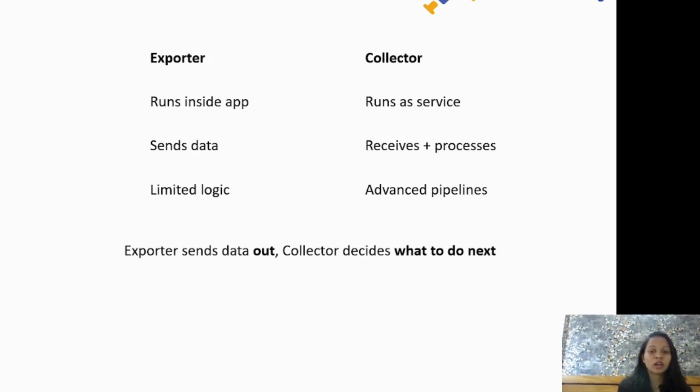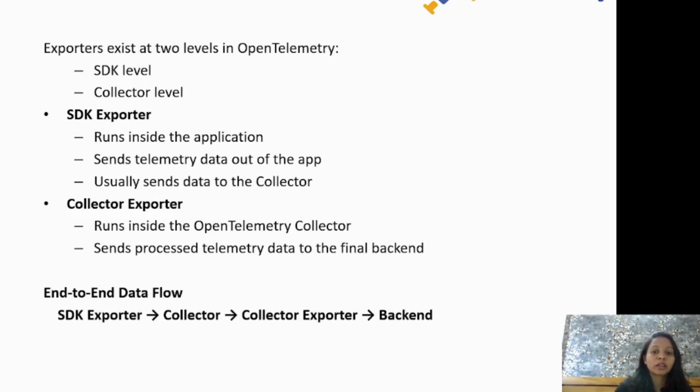Okay. Now, moving to the next part: how an exporter works inside the collector. Exporters exist at two levels. The first is the SDK level, and the second is the collector exporter. The SDK exporter runs inside the application and sends data to the backend, usually to the collector.